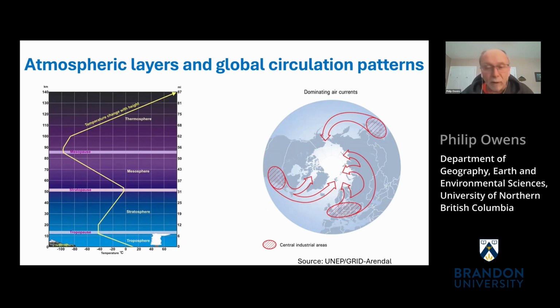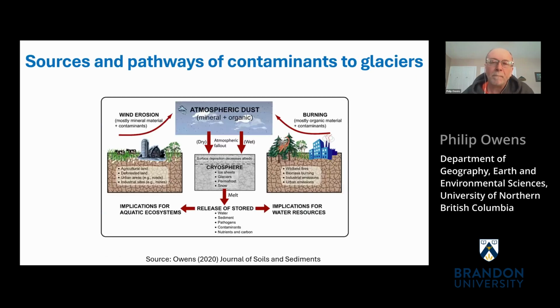But the source of the material is actually thousands of kilometers away in places like the US, for example. So we have this layering of the atmosphere and global circulation, which means that it can move material around the planet in different ways.